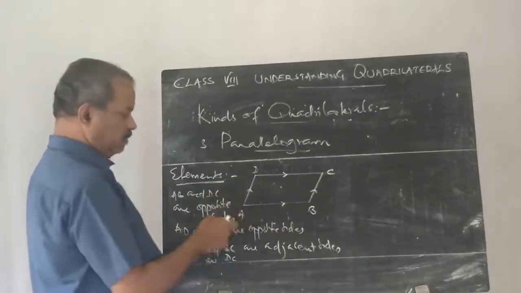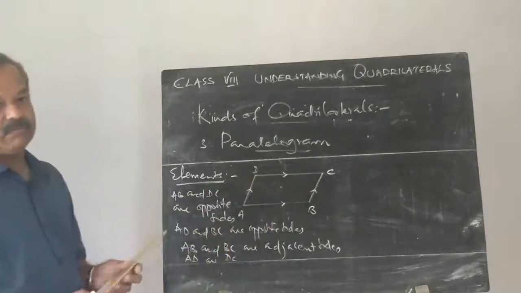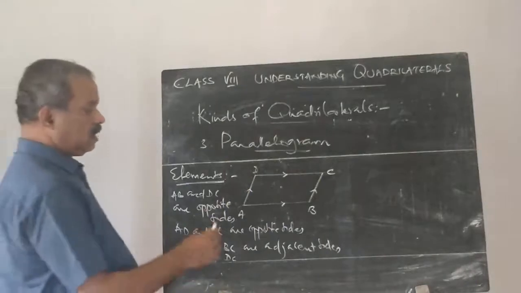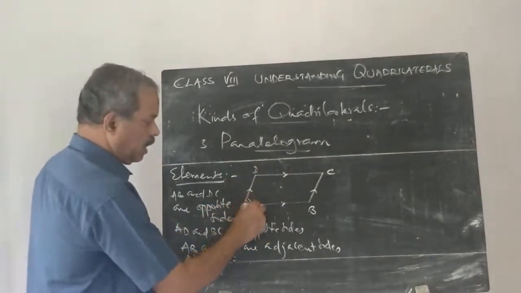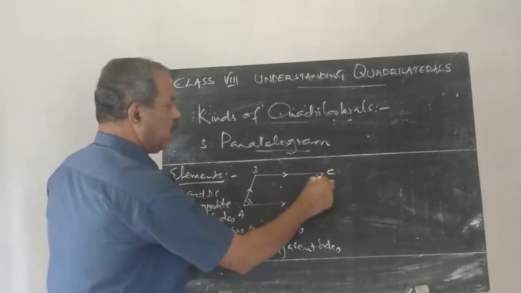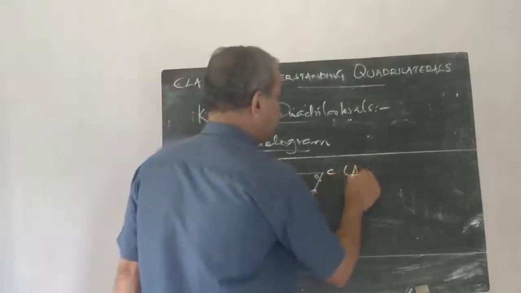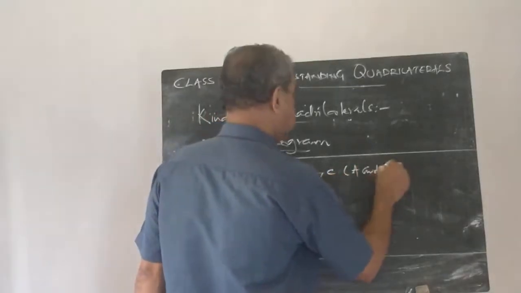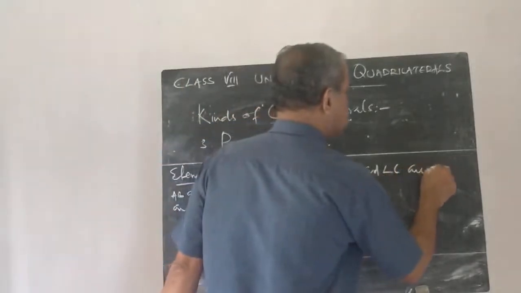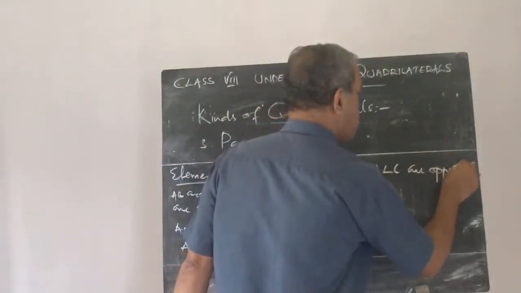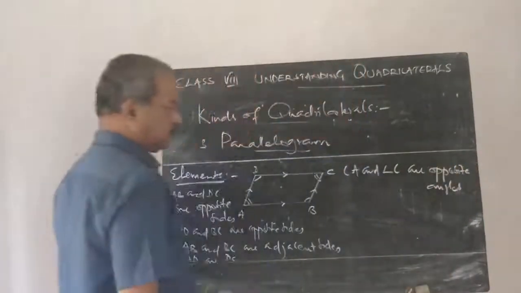Now, here we have considered the relation among the sides of the parallelogram. Now, let us consider the relation among the angles of the parallelogram. Angle A, angle B, angle C, angle D. Angle A and angle C are called opposite angles.